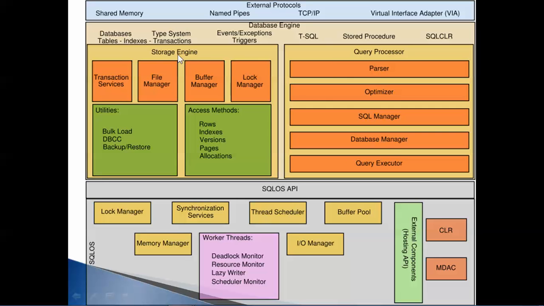If we have a look at the storage engine, these are the activities which happen there. We have transaction services and the file manager, which are associated with different utilities, and we also have the buffer manager and lock manager, which can be accessed with the help of different methods. For example, rows, index, versions, pages, or allocation can be accessed with the help of the buffer manager.